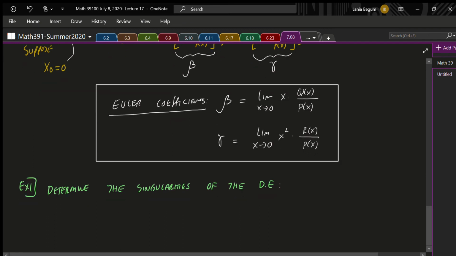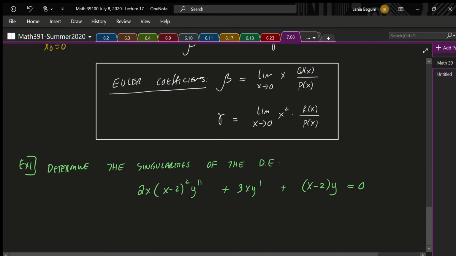Given 2x times (x minus 2) squared y double prime plus 3x y prime plus (x minus 2) y equals 0. Once you have determined the singularities, then classify them.